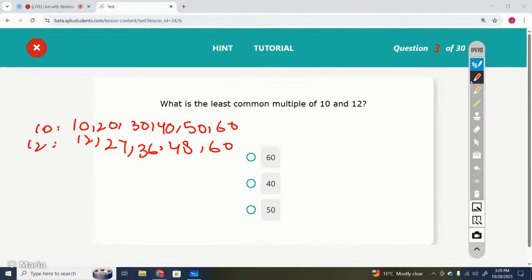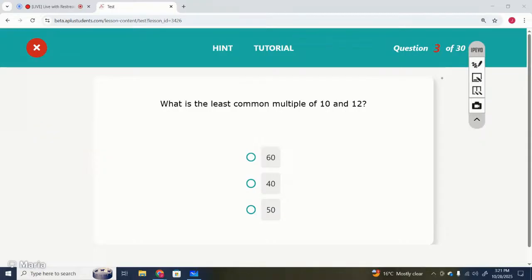So which is the least number? That is 60. So the least common multiple is 60.